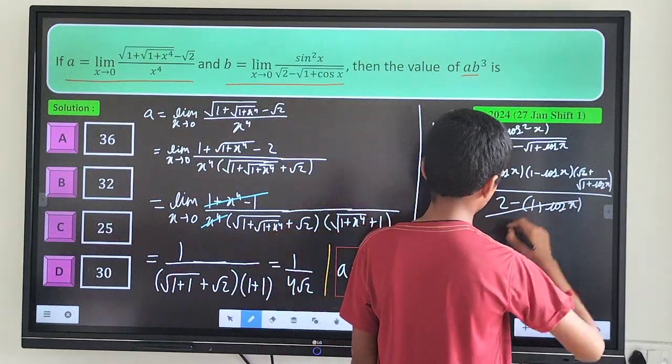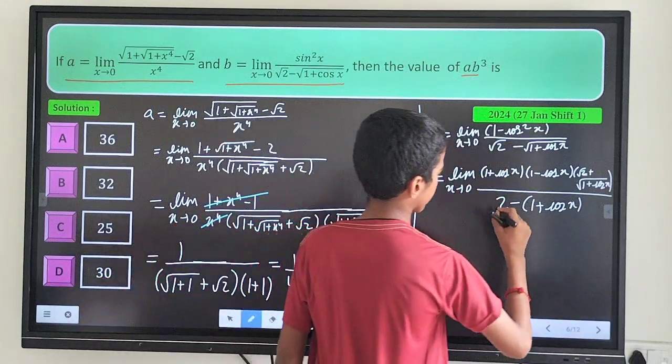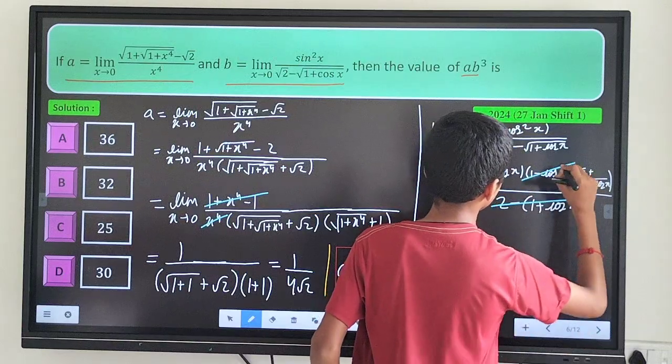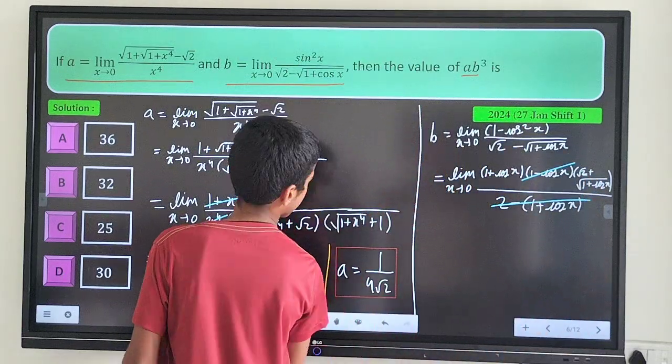So our denominator and this part of the numerator will get cancelled.